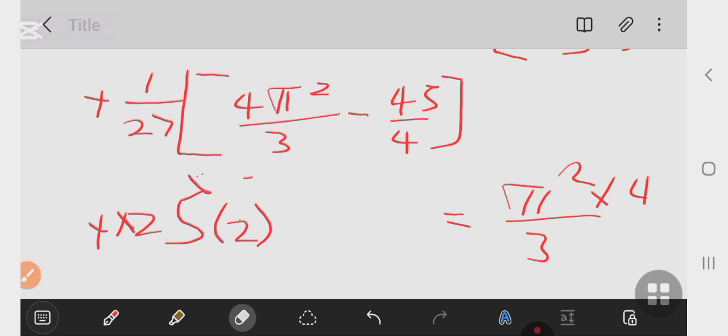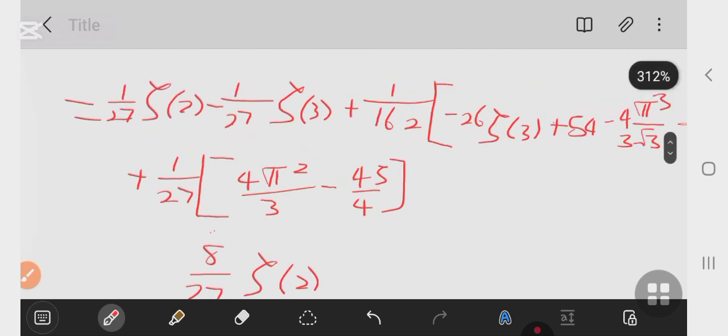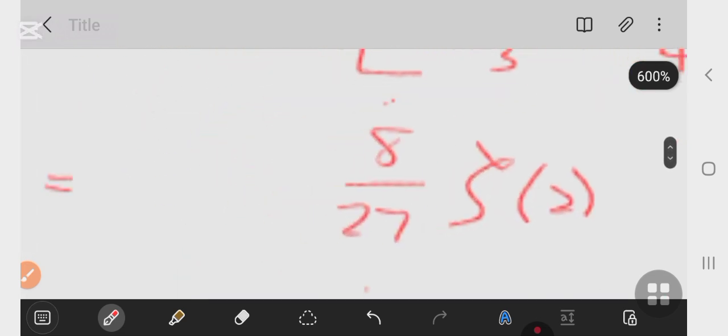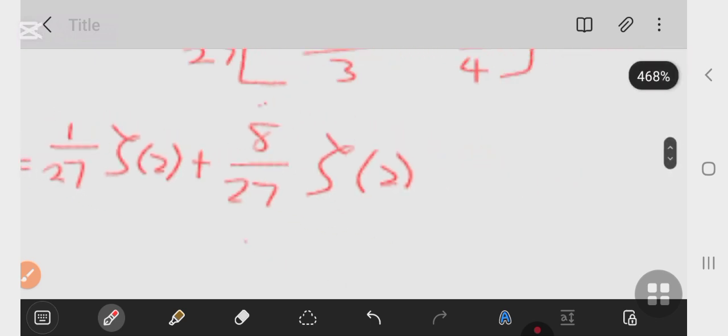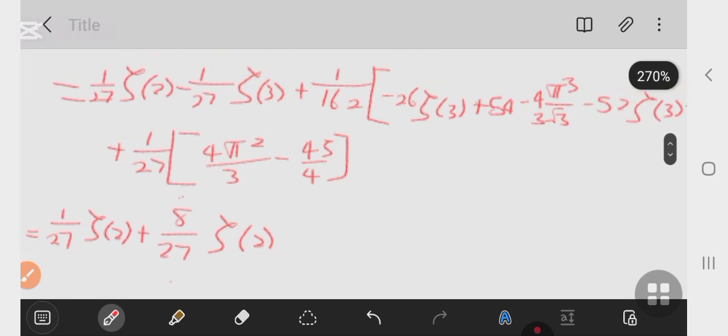So the next is expanding the bracket. I'll have 8/27 zeta 2. Let me bring in the first. The first is 1/27 zeta 2, then plus 8/27 zeta 2, then minus 1/27 zeta 3.